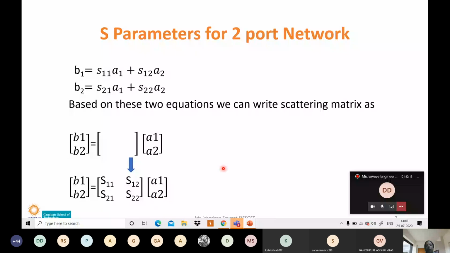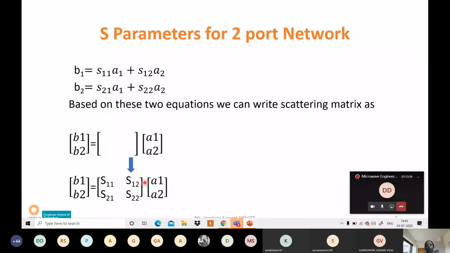So from this matrix, I can say that for two-port networks, there are two outputs possible, B1 and B2, two inputs possible, A1 and A2, and four S parameters possible: S11, S12, S21 and S22. So this is about a two-port network.